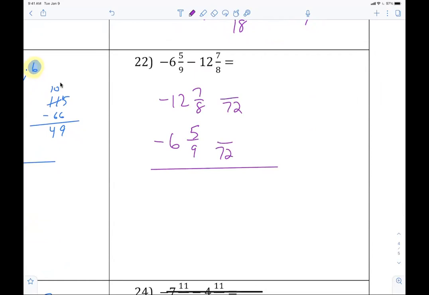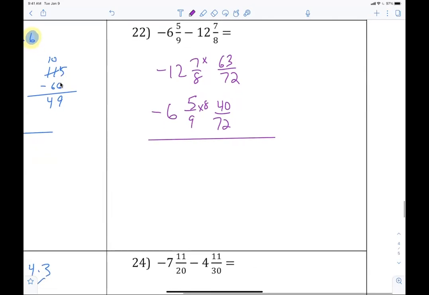So for the first one, that would be 40 over 72. Why is that? Oh, yeah, you're right. No, you're right. You're correct. That was my fault. I wrote it backwards. And then the second one would be 63 over 72. Perfect. So now you add those, to 103 over 72.